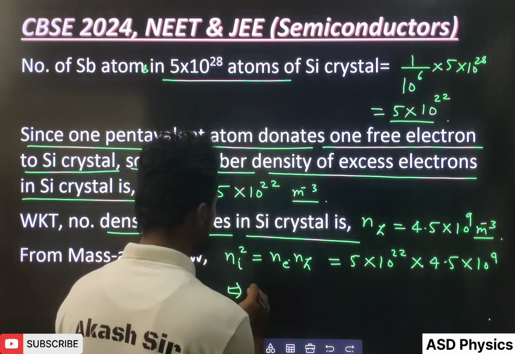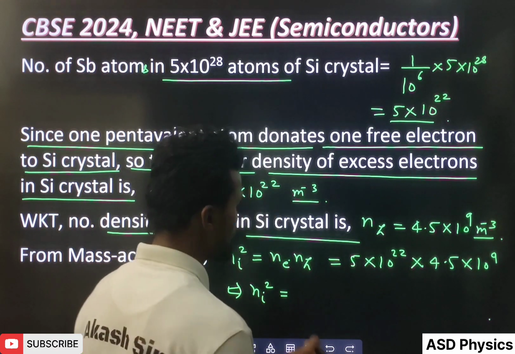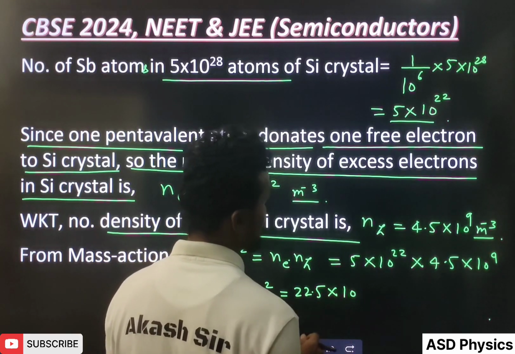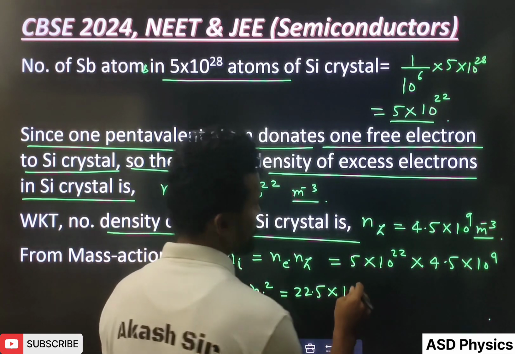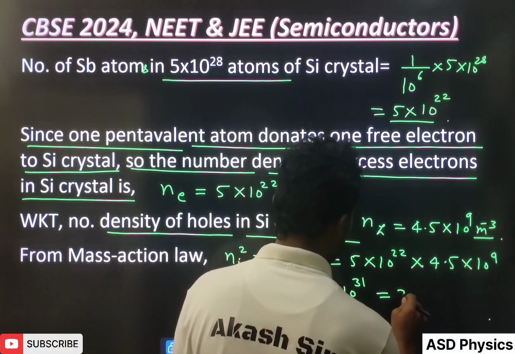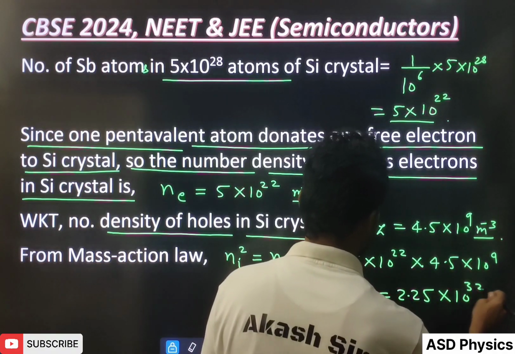Simplifying, Ni square is equal to 5 into 4.5, which is 22.5 into 10 to the power 22 plus 9, that is 31. Simplifying again, it becomes 2.25 into 10 to the power 32.